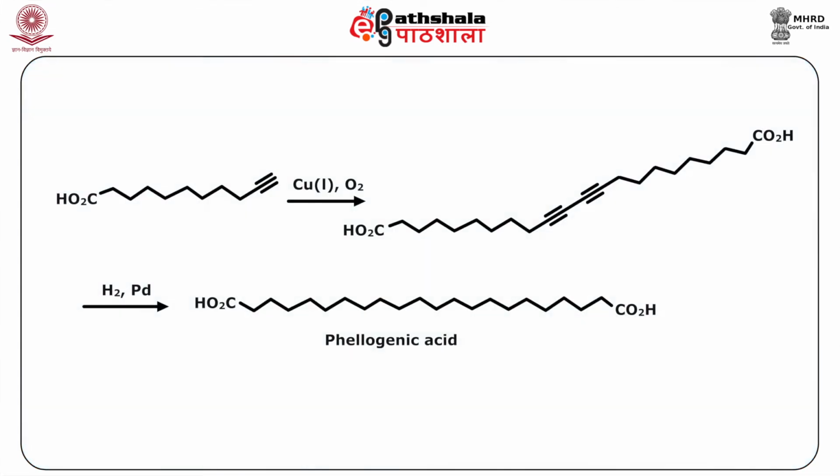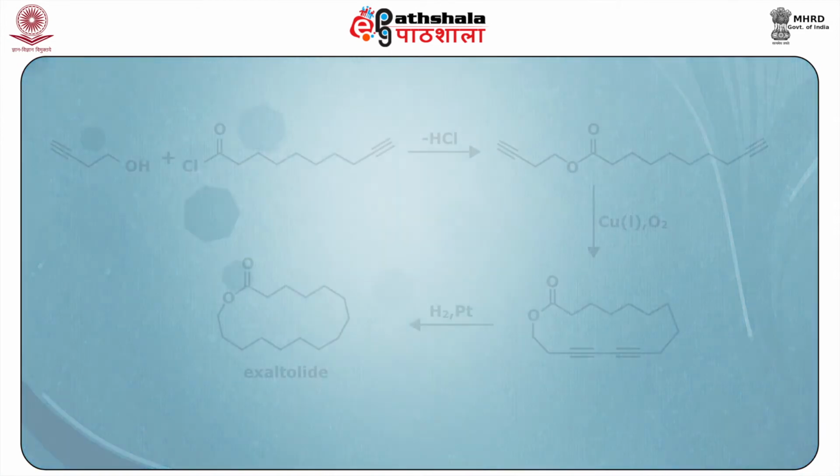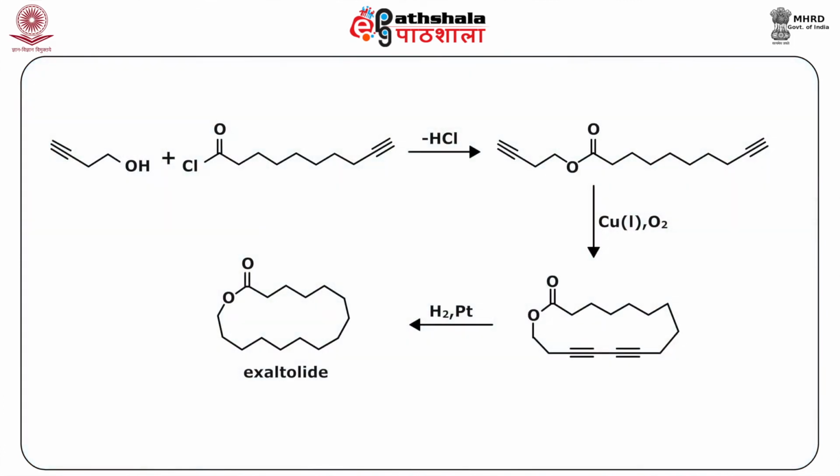For example, synthesis of phenolgenic acid has been achieved from the undecylenic acid. Intramolecular coupling of terminal alkynes may occur also in some cases to produce cyclic compounds if the resulting ring is not highly strained. For example, the synthesis of macrocyclic lactone exaltolide.